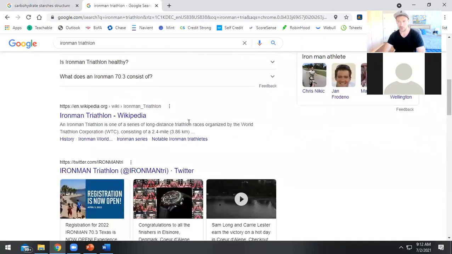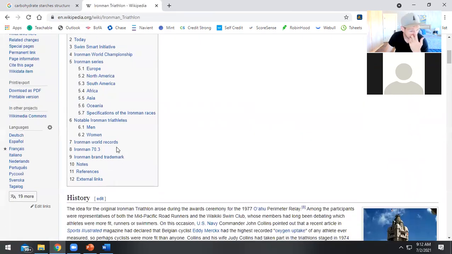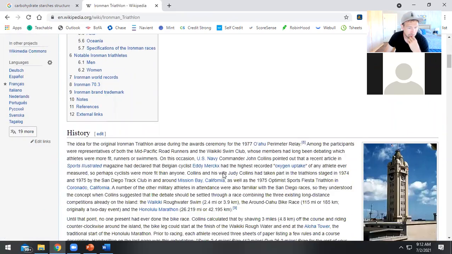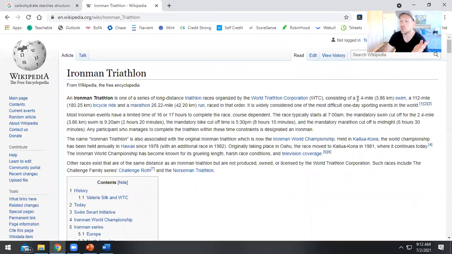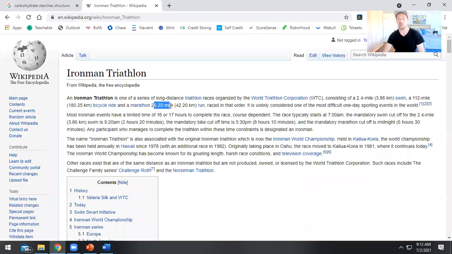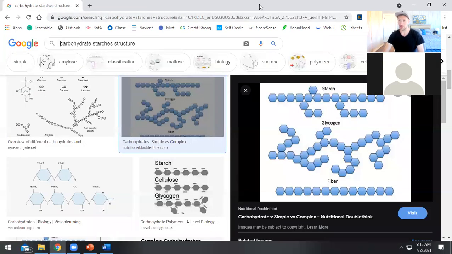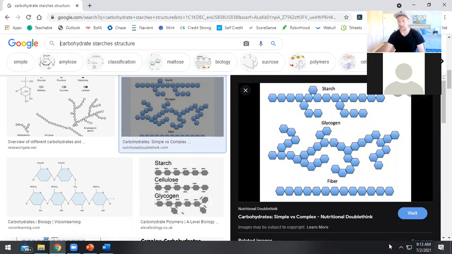It is a 2.4 mile swim, followed by a 112 mile bike ride, followed by a 26.2 mile run, and it's all in one day. That's probably about 17 hours worth of exercising in one day. It is a literal all-day event that is meant to be absolutely insane.